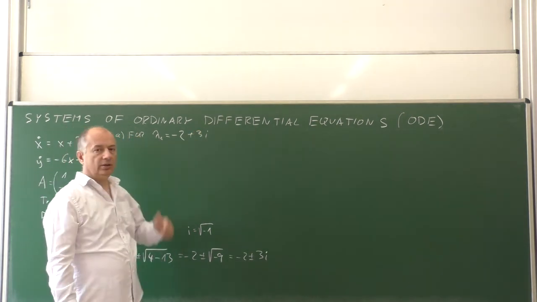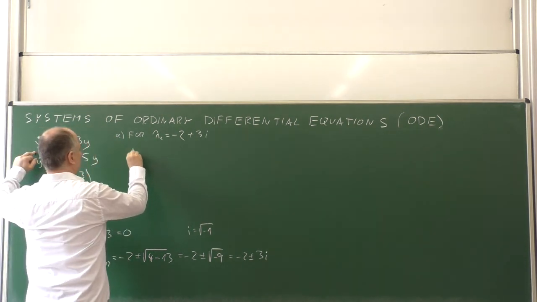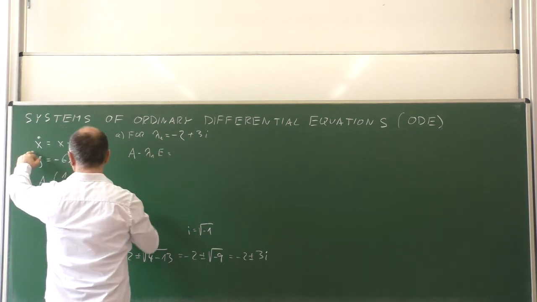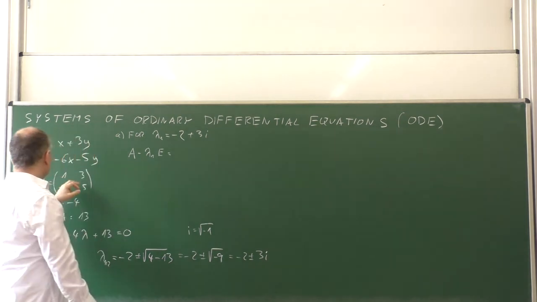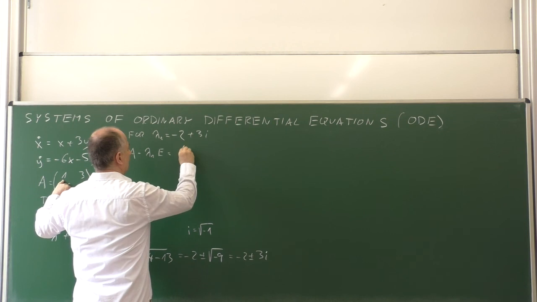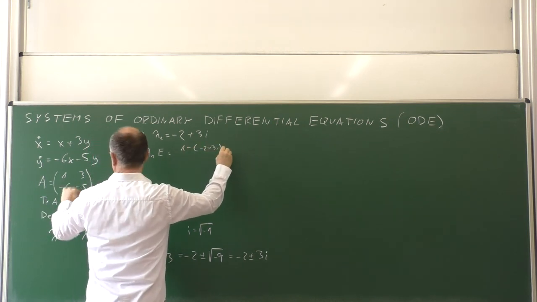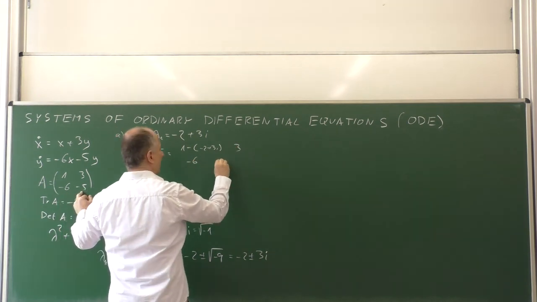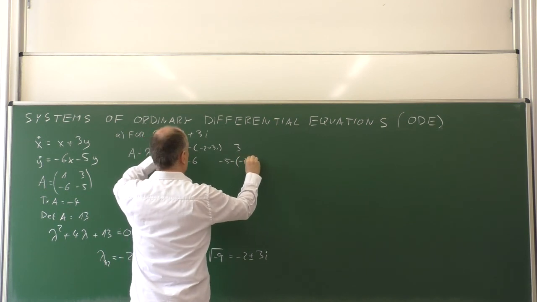Now we want to find the corresponding eigenvector. So we build the matrix A minus lambda 1 E. That means we subtract this number from each entry on the main diagonal. 1 minus (minus 2 plus 3i), 3, minus 6, and minus 5 minus (minus 2 plus 3i).